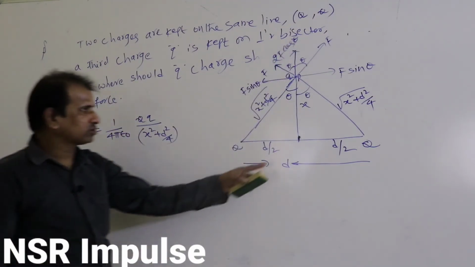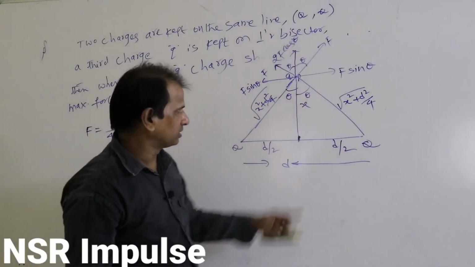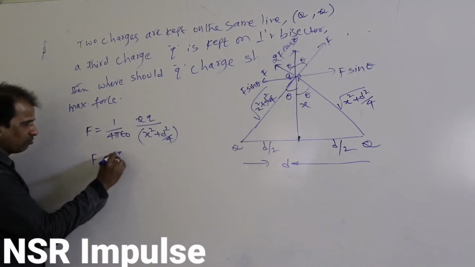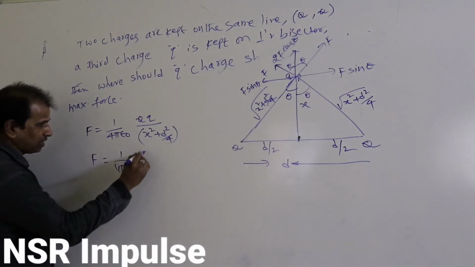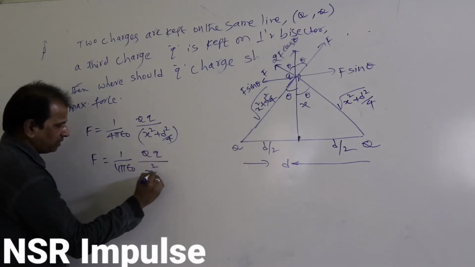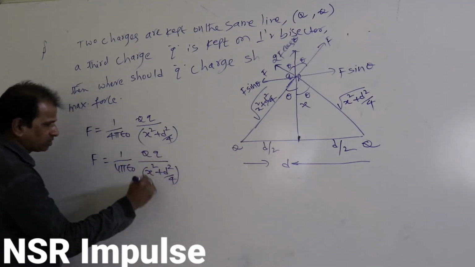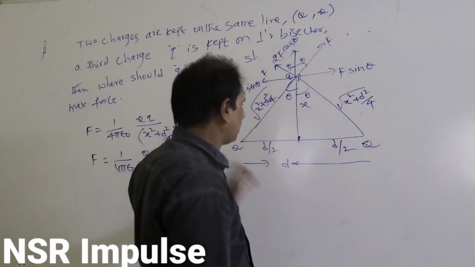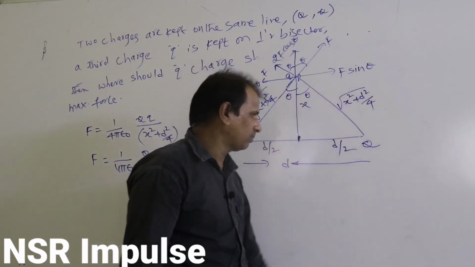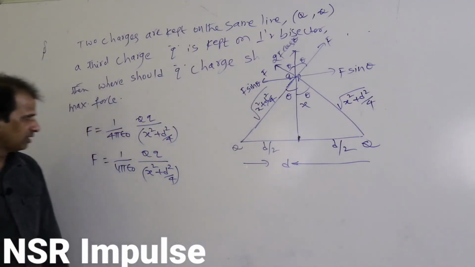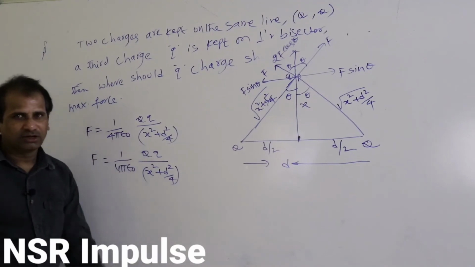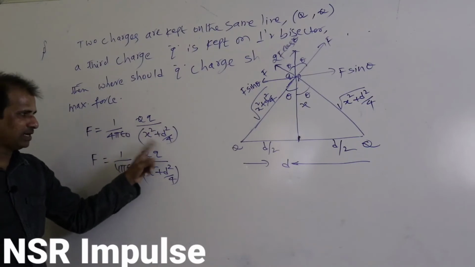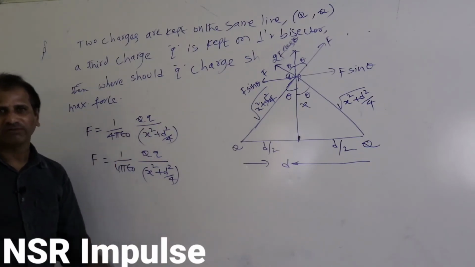So what is the force between these two charges? Between those two charges also the force will be Qq by 4 pi epsilon naught, x square plus d square by 4. The root has to be eliminated because we have seen earlier what Coulomb's law says: 1 by 4 pi epsilon naught q1 q2 by d square, meaning square of the distance.